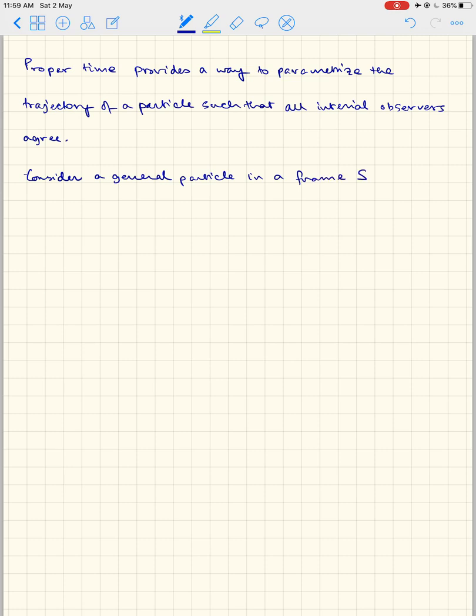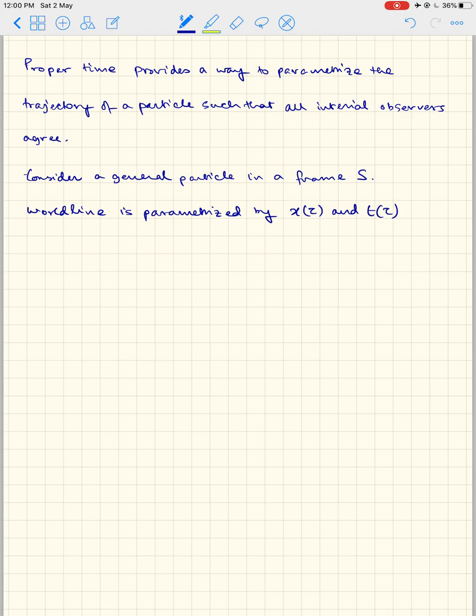So this is an inertial frame S, which is not the rest frame. Okay. So the world line of this particle will be parameterized by x of tau and t of tau.